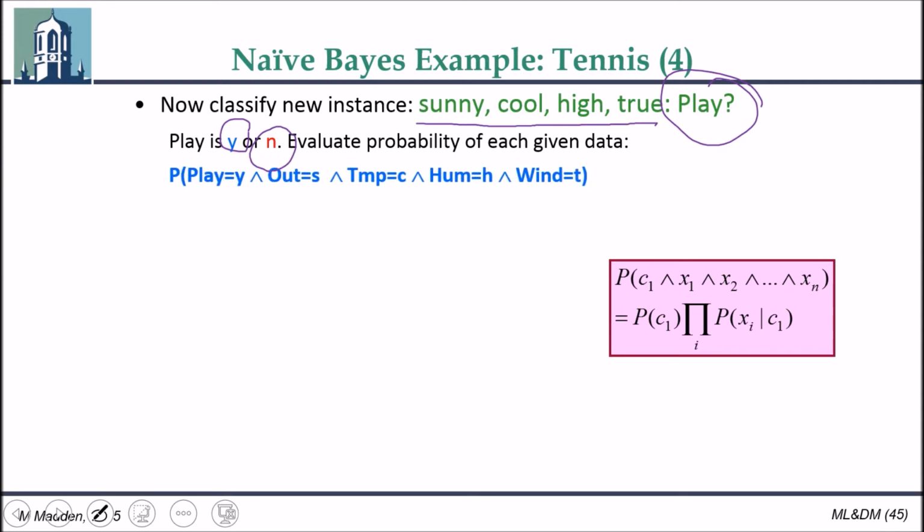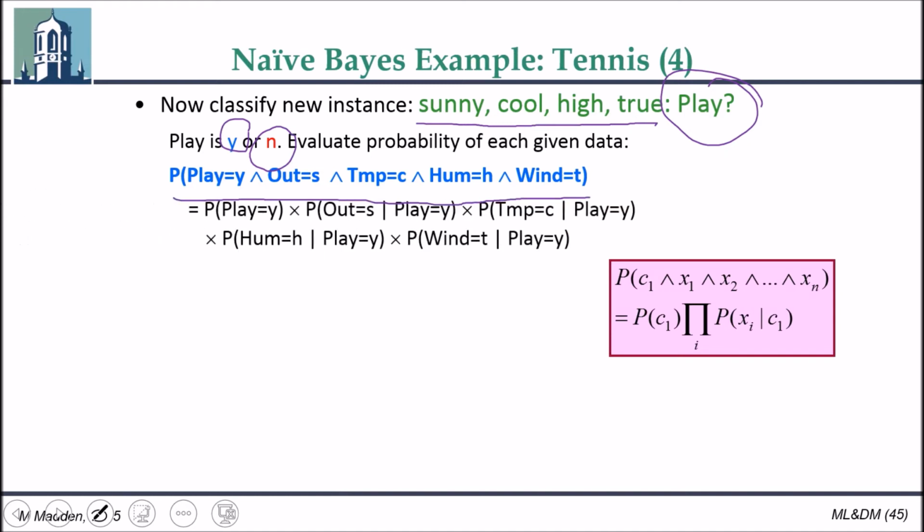So here's the joint probability of play is equal to yes and outlook is sunny and temperature is cool, the humidity is high and wind is true. It's just all of those things. According to our Bayesian classification rule, the joint probability of all those things is given by this formula here.